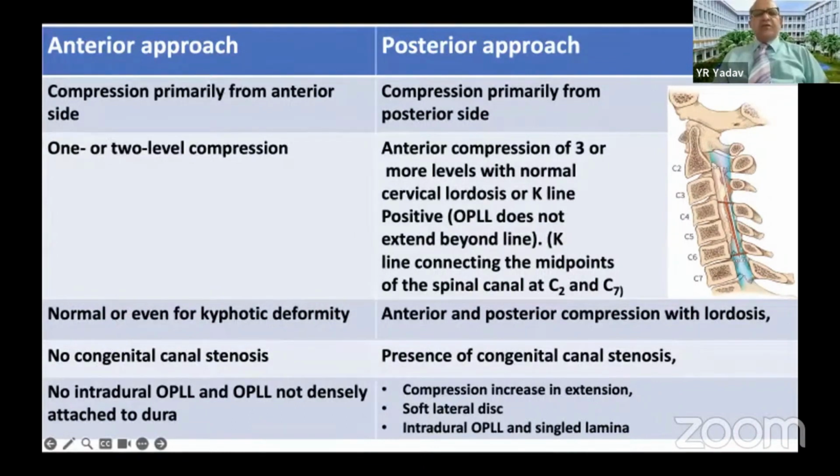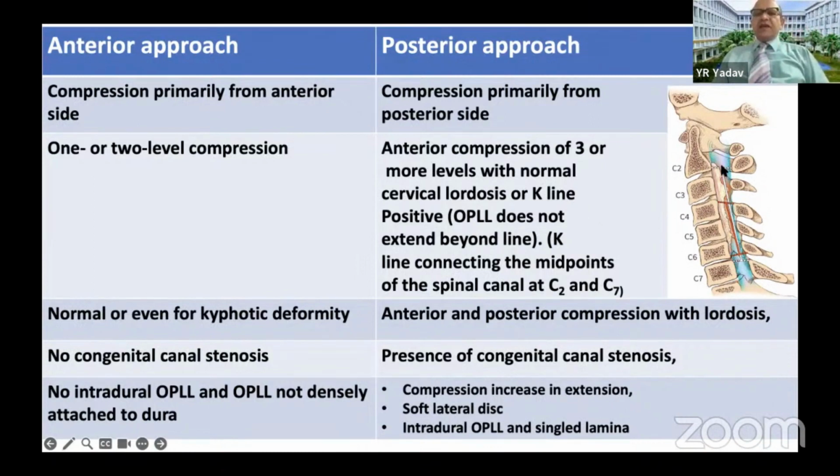By and large, most people believe that if the pathology is more than 3 segments, even if the compression is coming from the anterior side, provided there is a normal lordosis and the K-line is positive, that means the compressive element does not extend posteriorly beyond the K-line.